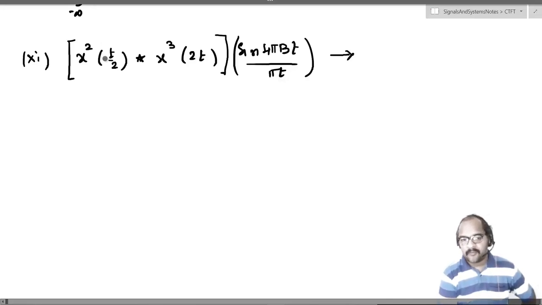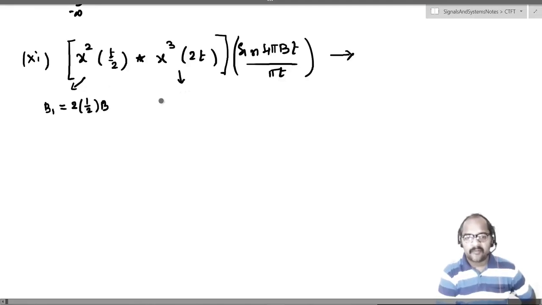Okay, so x square of t by 2, what is that fellow's bandwidth? Let me call that b1. This is looking like x power n of at, so that should be n a b. So that is the bandwidth of the first signal.